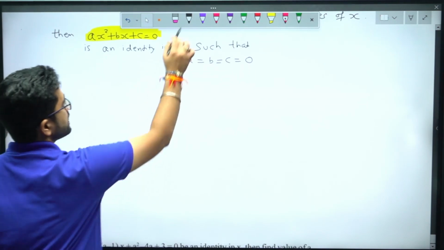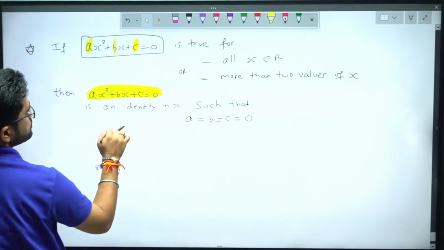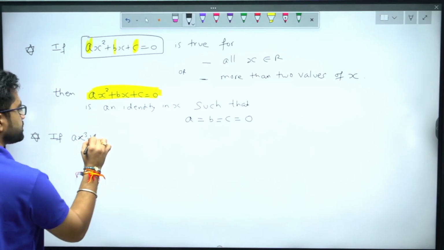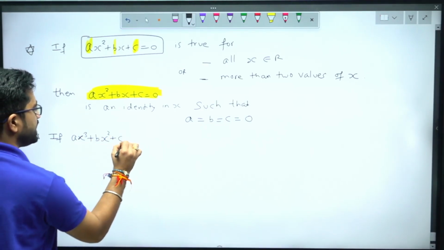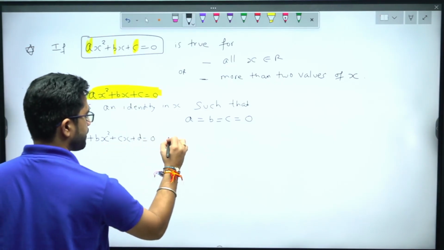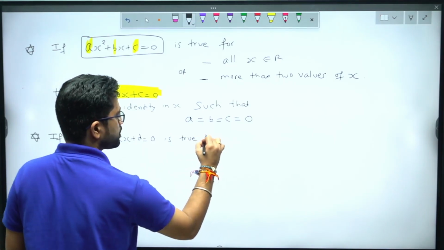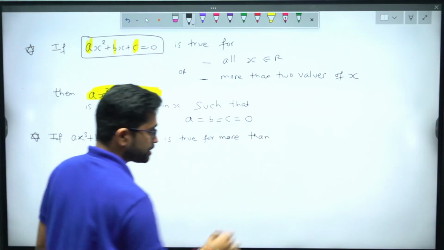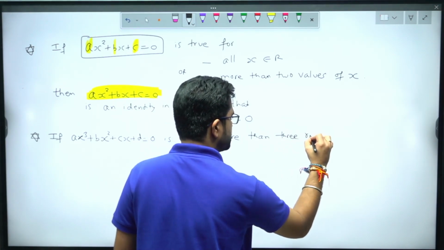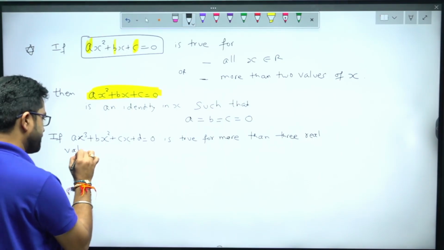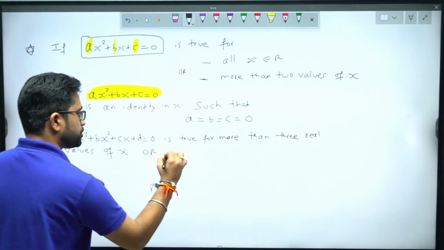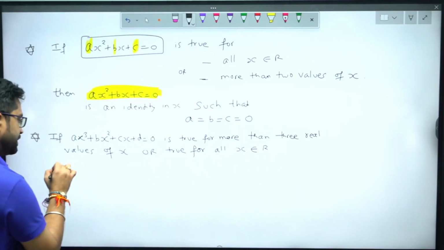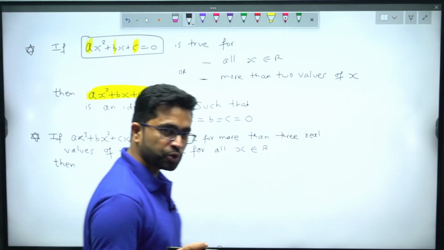Just a minute, before we have a question, let me write one more remark. Okay, if somebody says ax cube plus bx square plus cx plus d is true for more than, guys, cubic has maximum 3 roots, more than 3 real values of x, or true for all x belongs to real number, then once again this will no more be like your cubic equation.